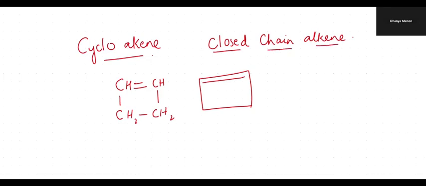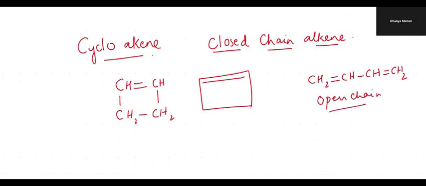What is an open chain alkene? If I write like this, is this closed or open chain? This is open chain, right? It's not closed like this. This is a closed chain. This is open chain. So such closed chain alkenes are called cyclic alkenes.